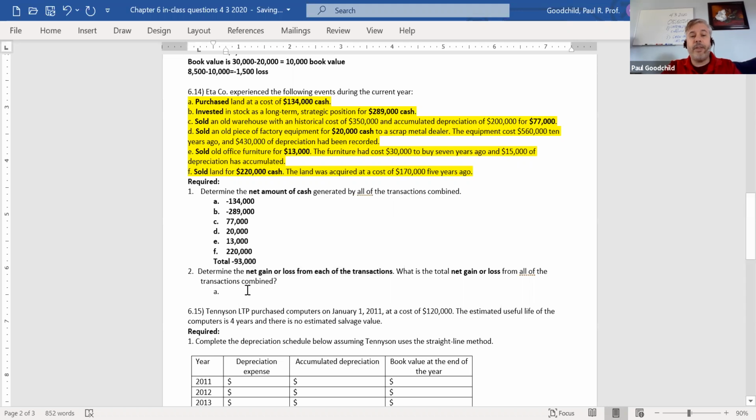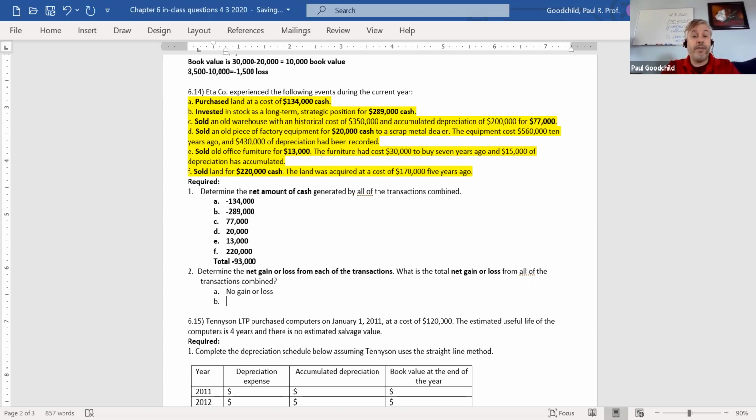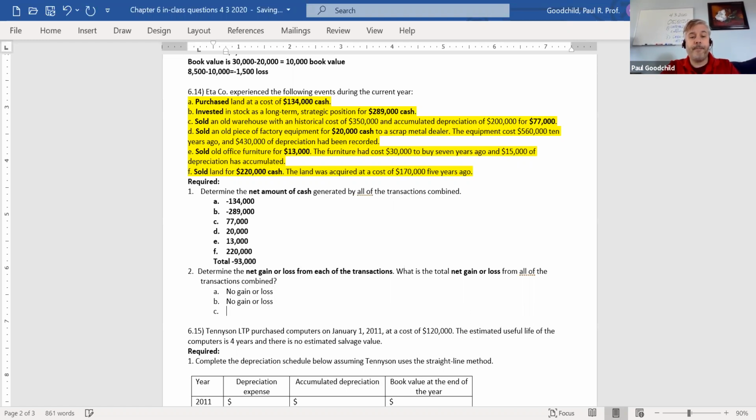Okay, so let's start with A. We only purchased it, so we don't have an associated sale related to this, so there's no gain or loss. Same thing with the stock. We purchased it, but we didn't sell it, so we have no gain or loss there.